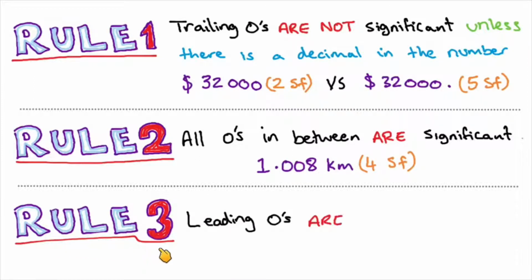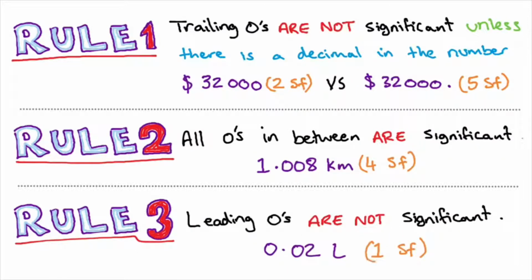And rule number 3, leading zeros are not significant. So 0.02 liters only has 1 significant figure. The leading zeros do not count. So remember, significant figures indicate the degree of accuracy of a measurement or a data value. Follow these 3 simple rules to make significant figures made easy.